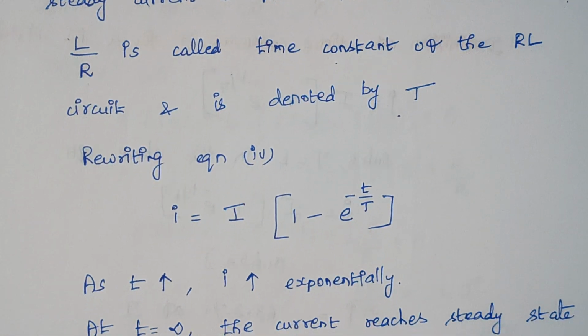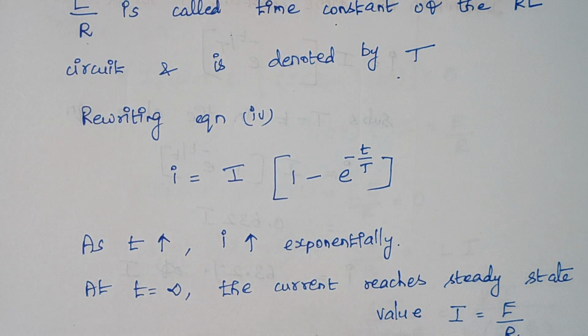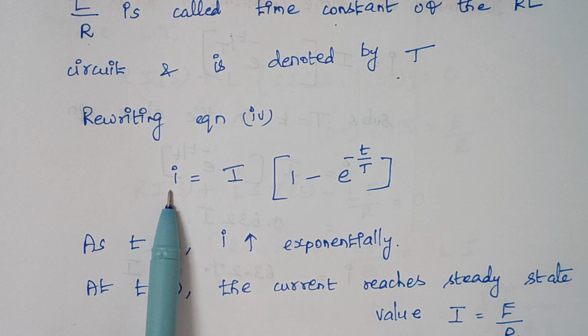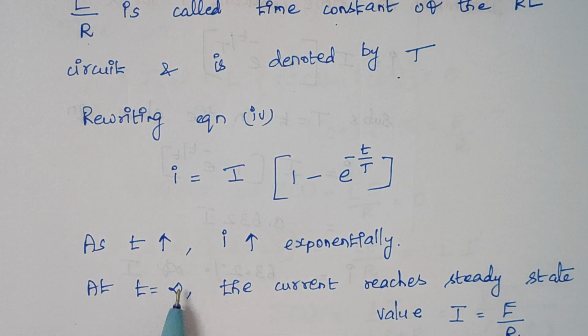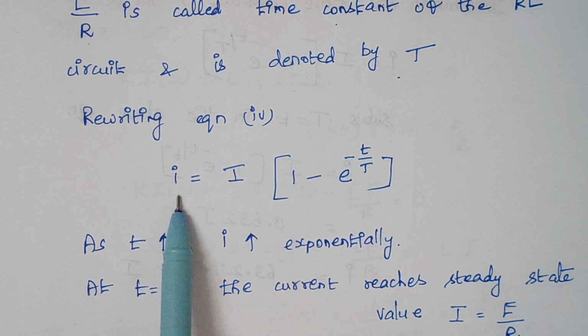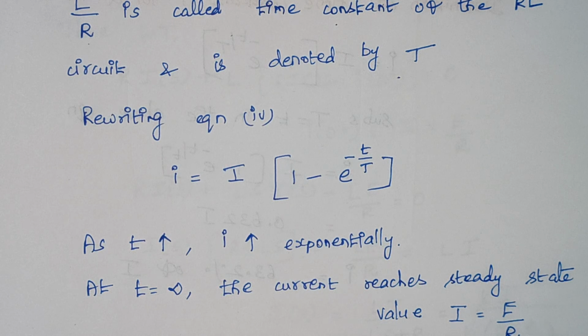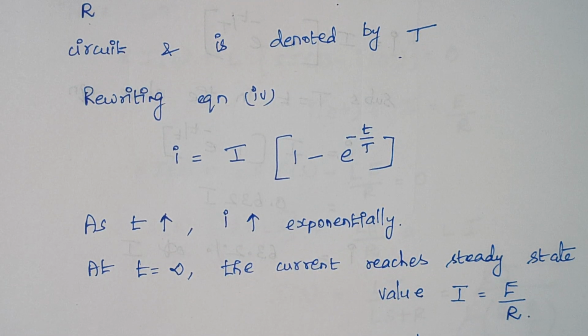So here in this case, again the same thing, when the value of t increases, the value of I also increases. Similarly, when the value of t is infinity, then the value of current, that is this small i, will be equal to capital I, that is steady state current. Now we are going to calculate the voltage drop across the resistor and inductor.